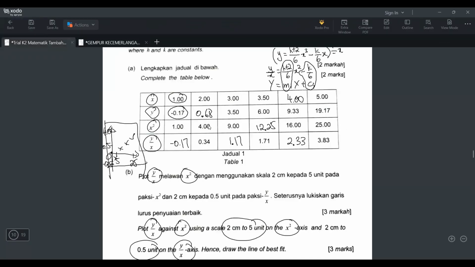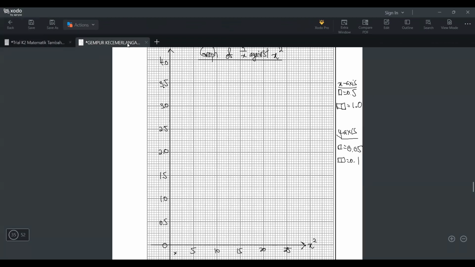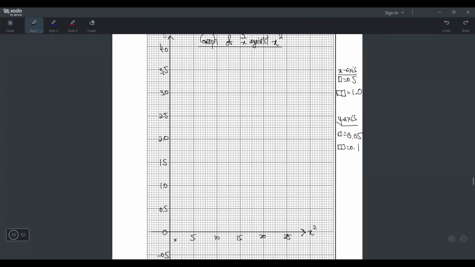Now let's plot the next point. Next point is 4, 0.34. So let's find 4, 0.34. 4 is here, which is 5 minus 2 kotak. And then 0.34, where is 0.34? You can naik sampai 0.5 first. 0.5 turun 2 is 0.4, because minus 0.1.